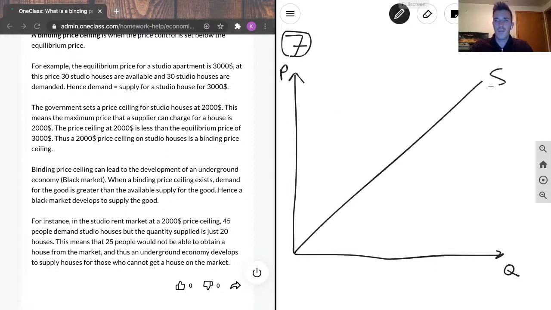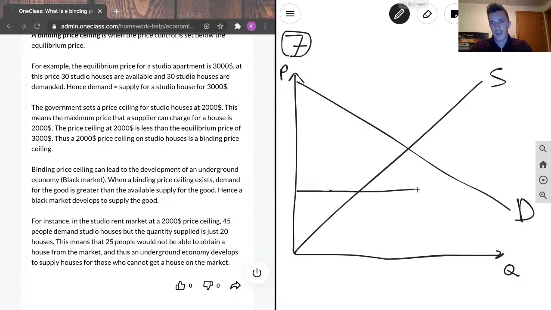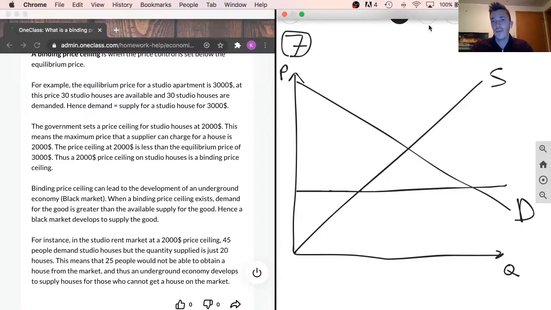So again, supply slopes upwards, demand slopes downwards. Now if we set a price floor down here, a price floor means that's the cheapest a good should be. That won't matter because the equilibrium point is below it.